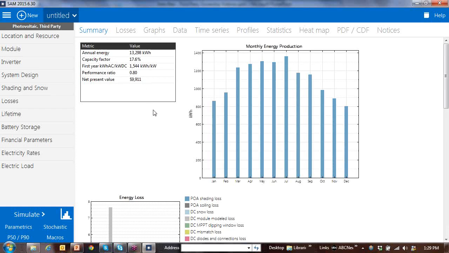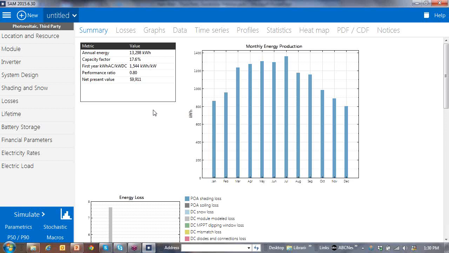So those are a number of the different levers that the user can apply and investigate in their analysis to understand the change in the net present value, or the change in the overall value of a PV system, with respect to the uncertainty in all of these values.